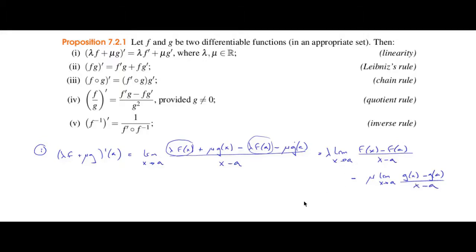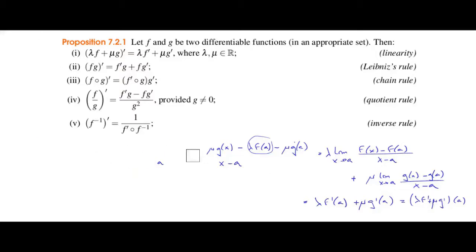Now this first limit is the derivative of f at a, and the second fraction, this limit here, is the derivative of g at a. So we can write it like this: lambda f prime at a plus mu g prime at a, okay? So the same thing. Okay? Now the others are written like this.